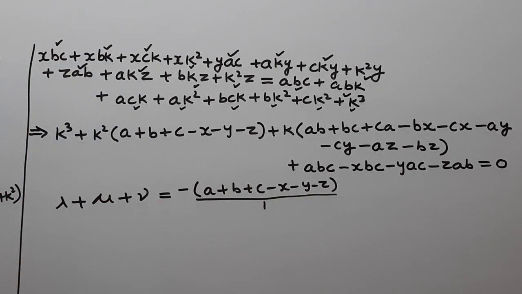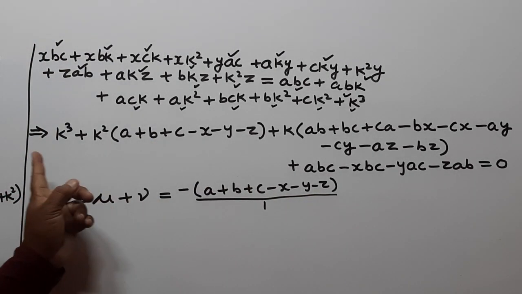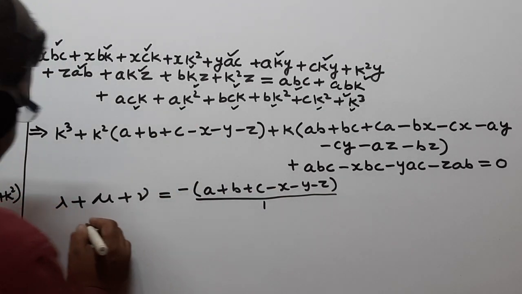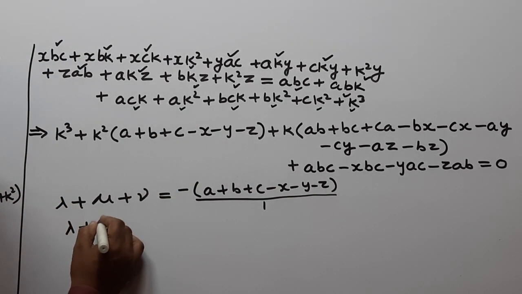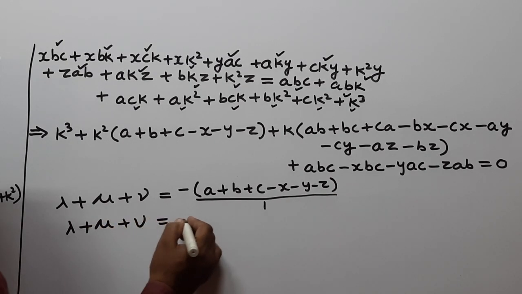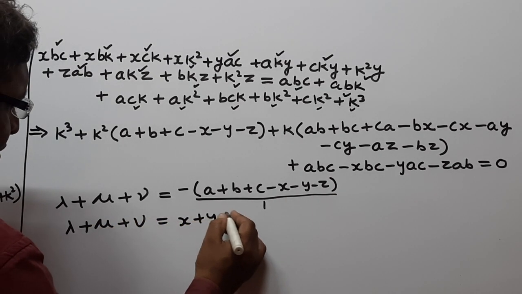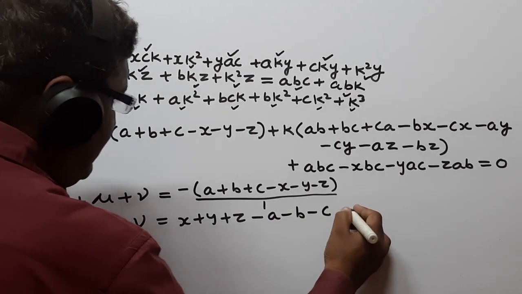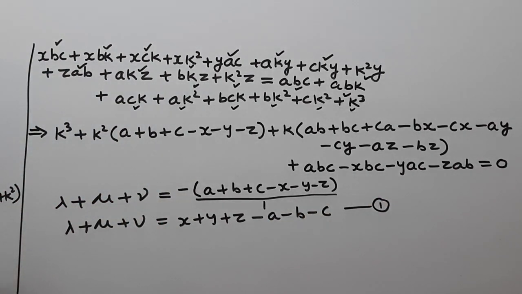This is the sum of roots of the cubic equation. So this can be written as lambda plus mu plus nu is equal to x plus y plus z minus a minus b minus c. Suppose that this is 1.